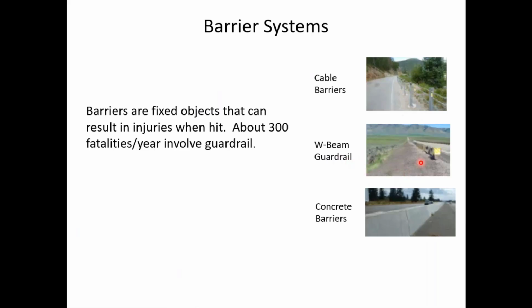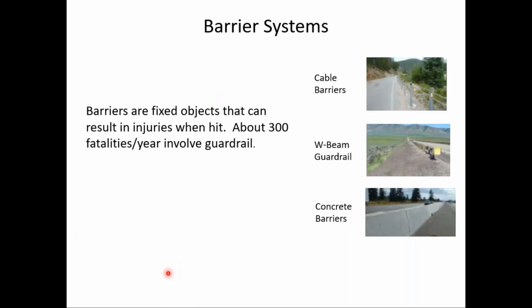The W-beam guardrail is considered a semi-flexible barrier, and it deforms or moves about 3 to 5 feet when struck. And the concrete barrier is considered the rigid barrier, and it essentially doesn't move when struck. If struck kind of head on, which is not the design intent, it might crack or be damaged, but basically it doesn't move.